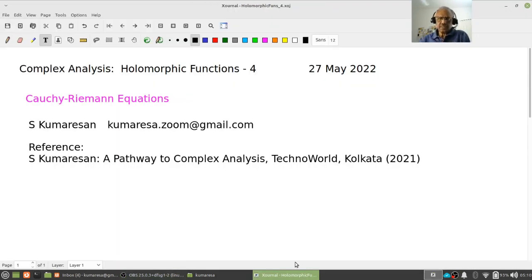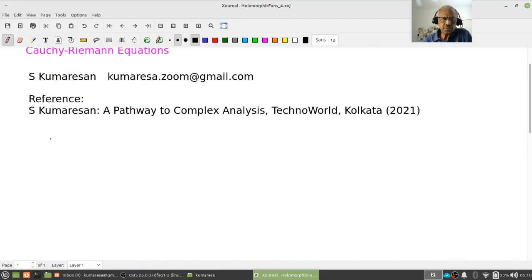The first thing I would like to talk about is the notion of, suppose f is a function from U to C, then we write f as u plus iv. u is called the real part of f, and v is called the imaginary part of f.